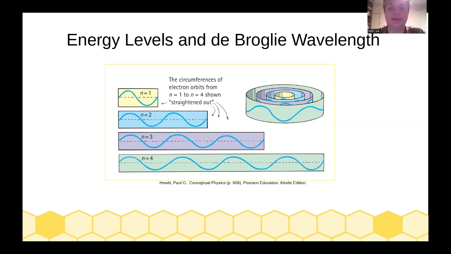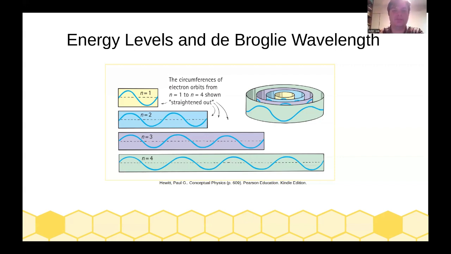And what the Bohr model contends is that there are only certain allowed orbital radii for particles where the circumference of that orbital radius has to be equal to some multiple of the de Broglie wavelength.